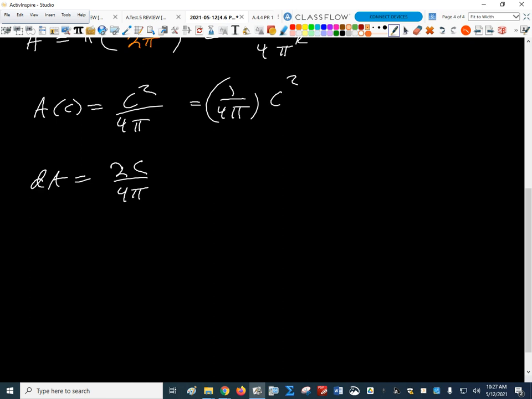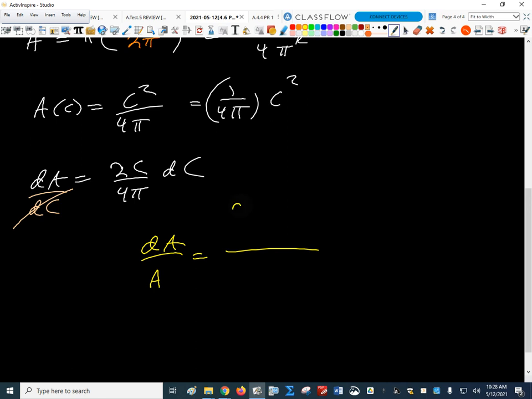What you calculated was dA dc, the derivative of A with respect to C, but we're just multiplying each side through by dc. Okay, now we've got our two ingredients. We've got A and we've got dA, and so we can write dA over A as the quotient of those two expressions.